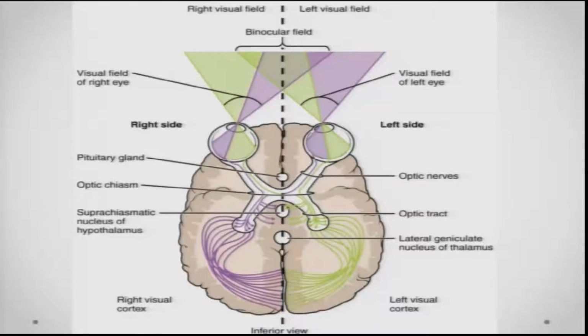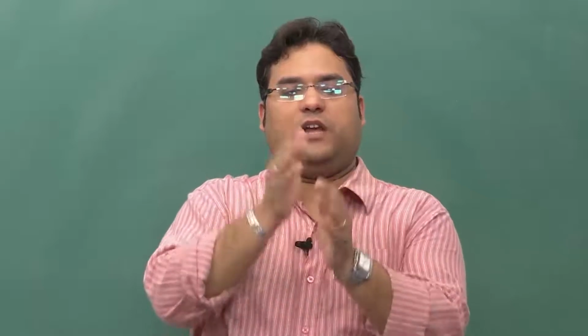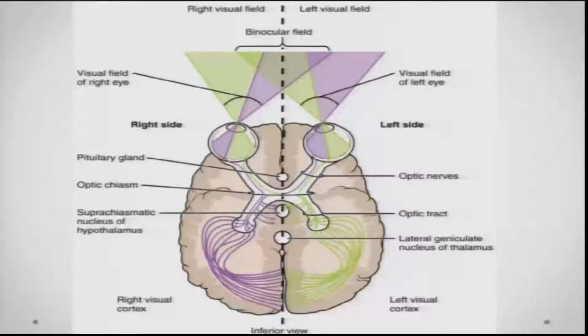You will see that there is an inward or nasal part, and there is an outward, temporal part. The inward part is where this crossover is happening, and input from one eye goes to the other hemisphere. Input from the left eye goes to the right hemisphere, and input from the right eye goes to the left hemisphere. This crossover point is called the optic chiasm.